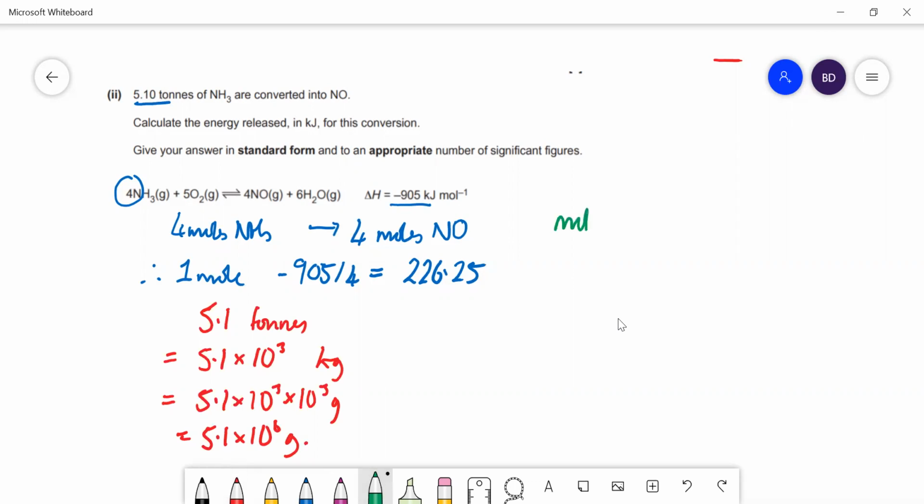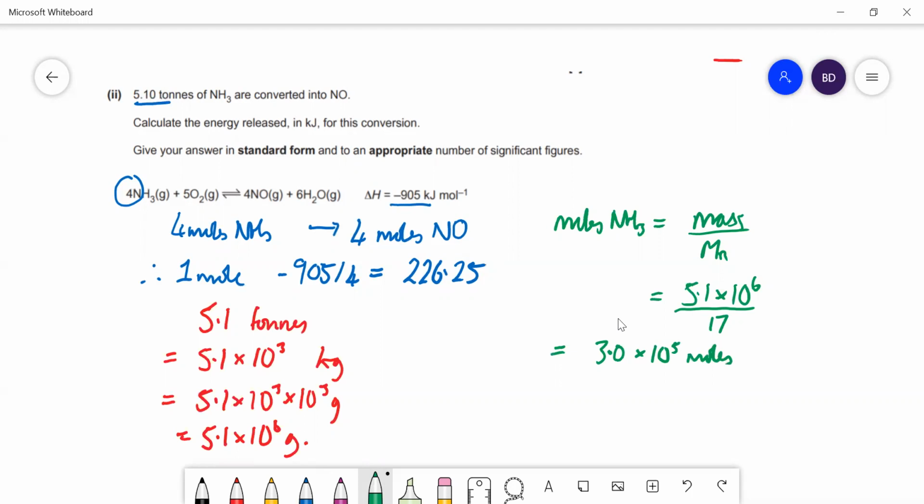So moles NH3 is equal to mass over Mr. The mass we have got is 5.1 times 10 to the 6, divided by the Mr of ammonia, which is 17. That works out as exactly 3.0 times 10 to the 5 moles.